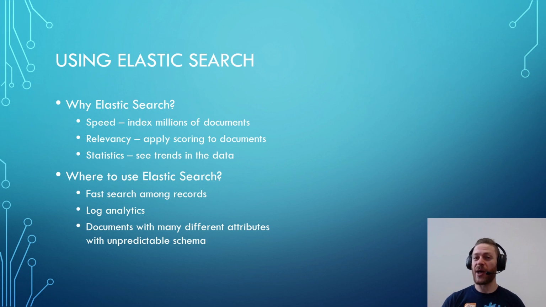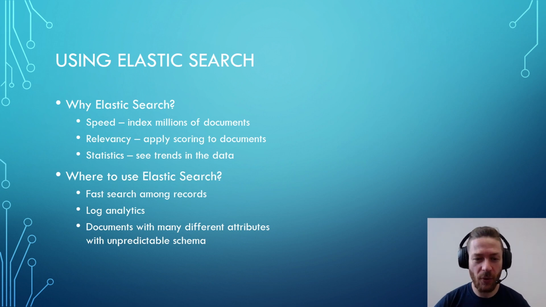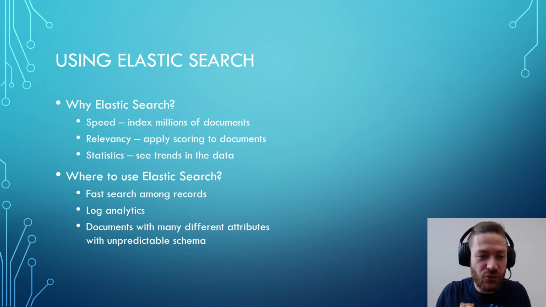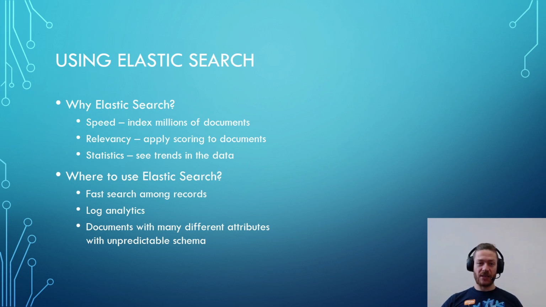Or, for example, you have a forum with thousands of topics, thousands of answers, thousands of comments, a lot of text. And if you want to search, for example, for the word cat, Elasticsearch will find super fast every single document that contains the word cat.